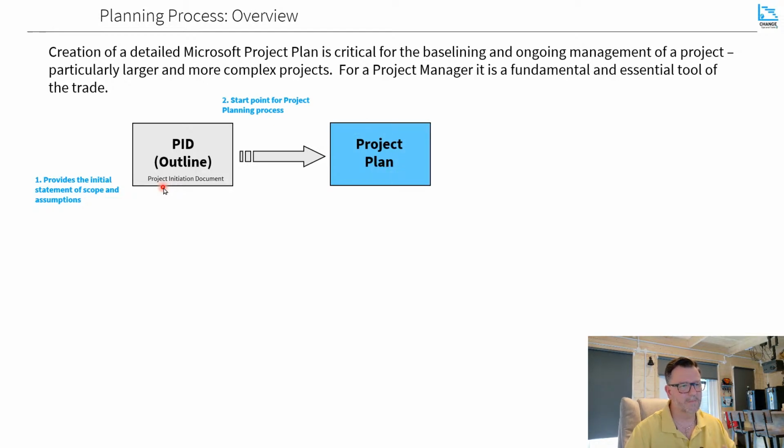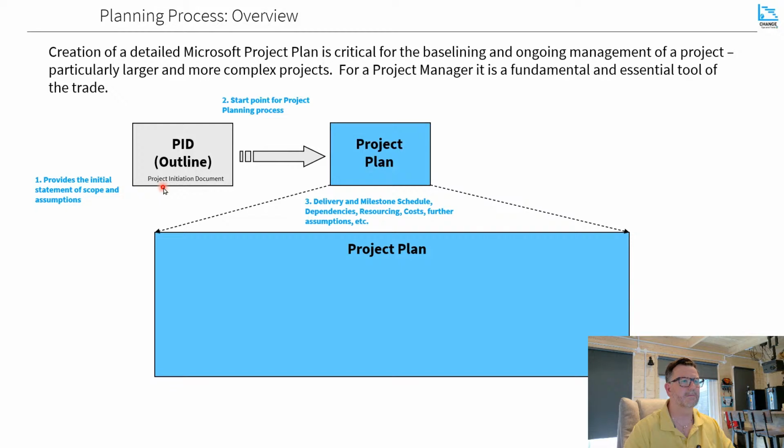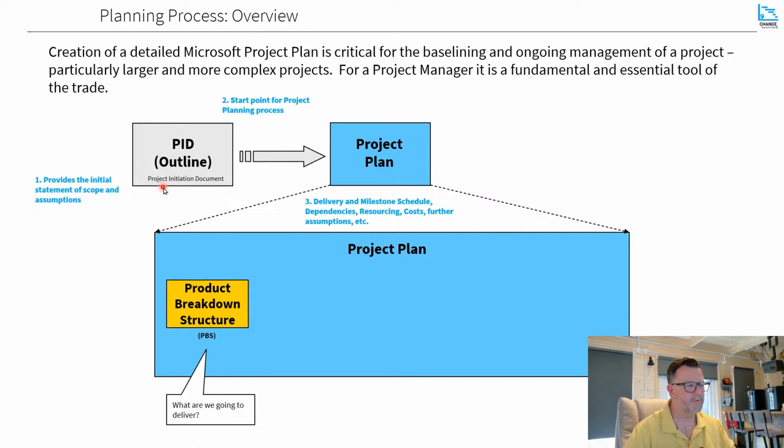And this is very much bringing the right people, the right SMEs, into a number of workshops. And that's where you'll start to work out the things that you are going to deliver, the dependencies, the resourcing and costs, etc. So the first thing that you'll work out is the product breakdown structure. So what are you going to deliver?